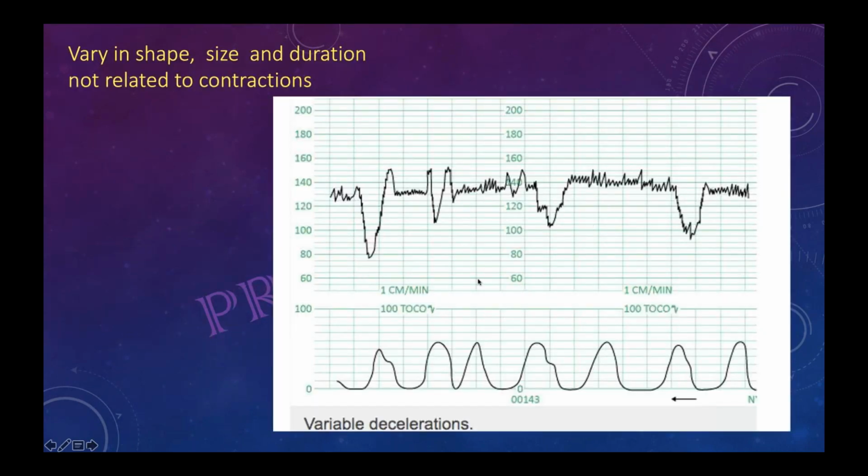Now these are variable; these are contractions you can see, and this is deceleration, this is deceleration, this is deceleration, and this is deceleration. Now see, every deceleration has a different shape, a different size, a different duration, and they have no relation with the contractions. So these are variable decelerations.